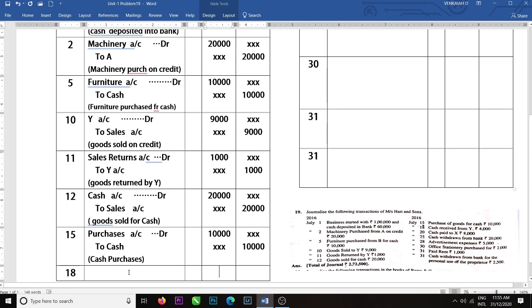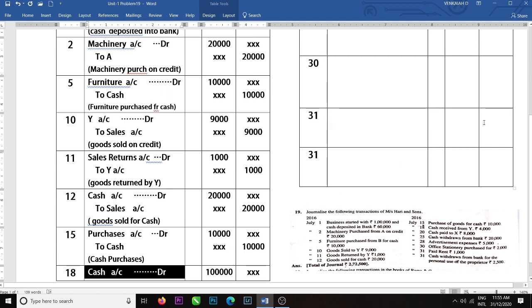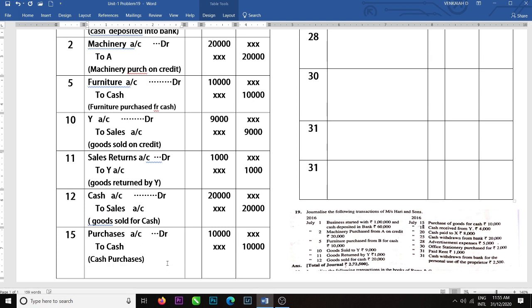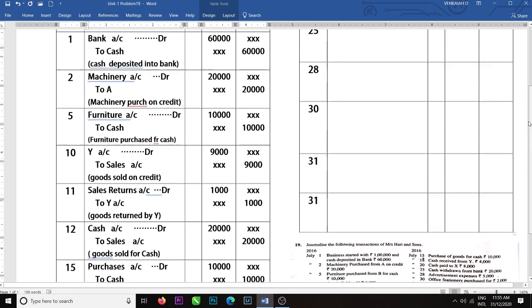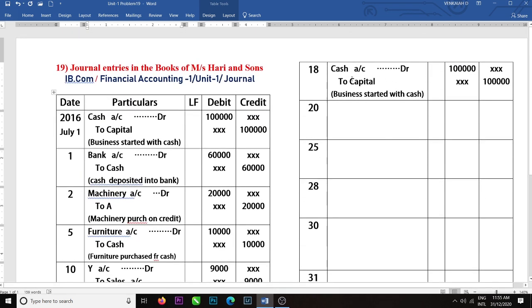Next entry: cash received from Y. Y is the giver or receiver? What do we receive? Cash. From whom do we receive? Y. Is cash coming in or going out? Coming in. What comes in will be debited.